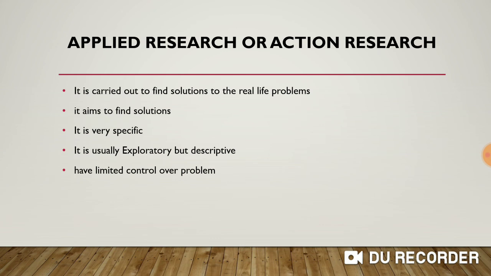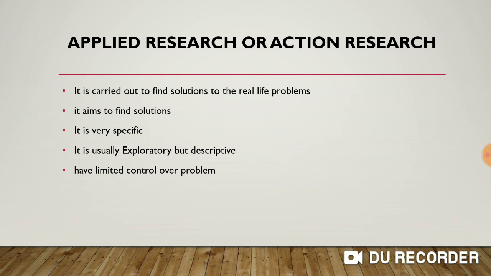next research type or research method which the researcher needs to consider is called applied research or action research. Sometimes there may be confusion among researchers about applied research and action research.